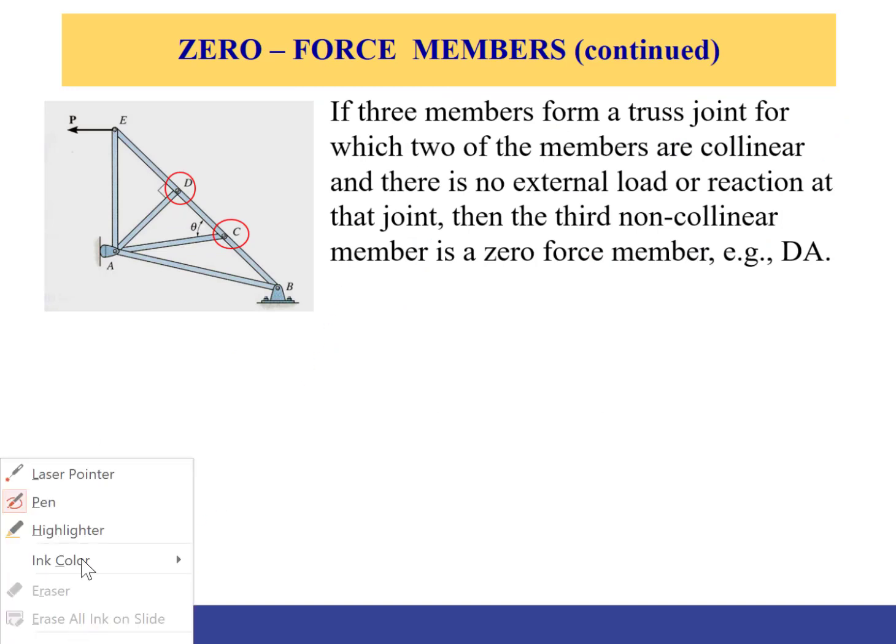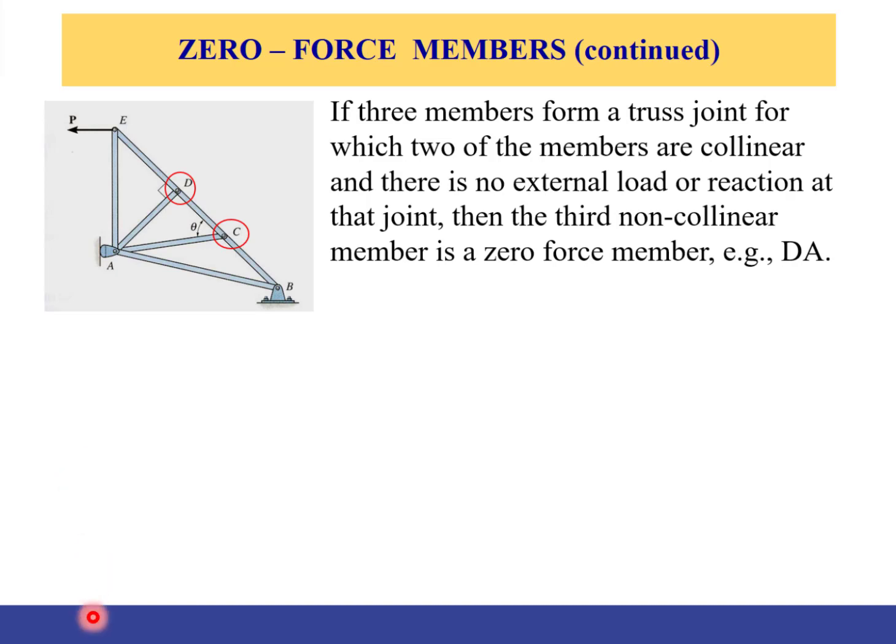Another scenario where you can find members with zero forces, or without tension or compression, is when you have three members at a truss joint for which two of these members are collinear, and there is no external load or reaction at that joint.